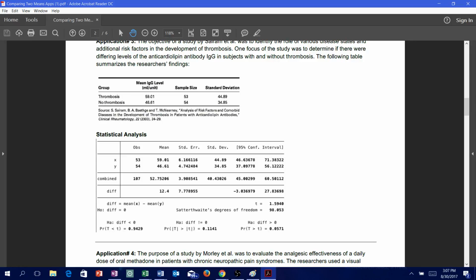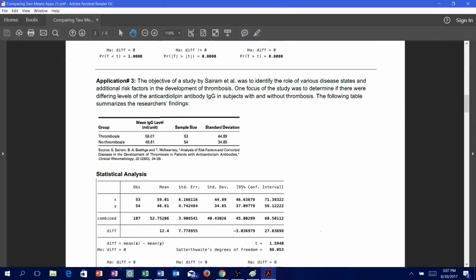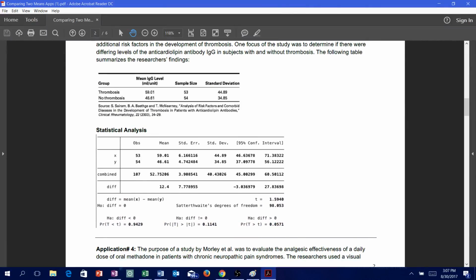And it would be a two-tailed, non-directional test. Different levels. They didn't give us the alpha, so it's 0.05.